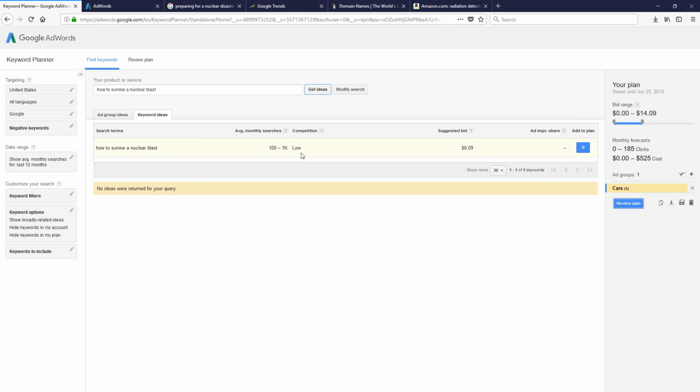The easiest way to try to sell something, sure, is to target a buying keyword phrase. If you can find somebody searching for buy Geiger counter, of course, you're probably going to be able to make some sales off of it. But the question would be, how many people actually search for that phrase and what kind of competition is there on it?